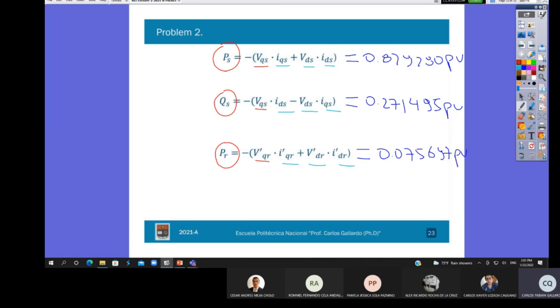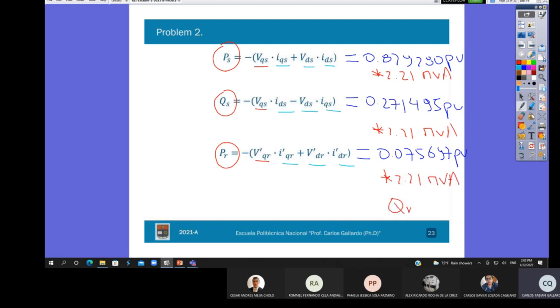Okay, this is in per unit values. If I want the actual value, I need to multiply by the base, 2.21 MVA. Therefore, I will get the actual values.